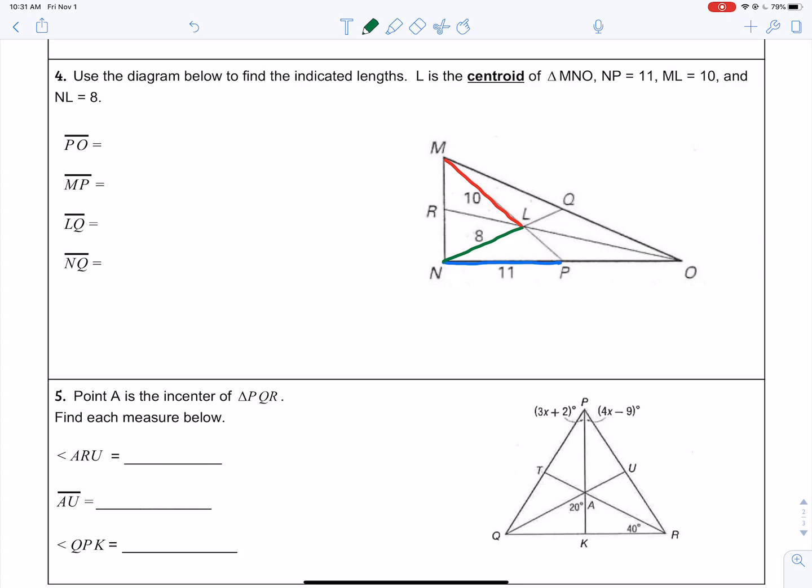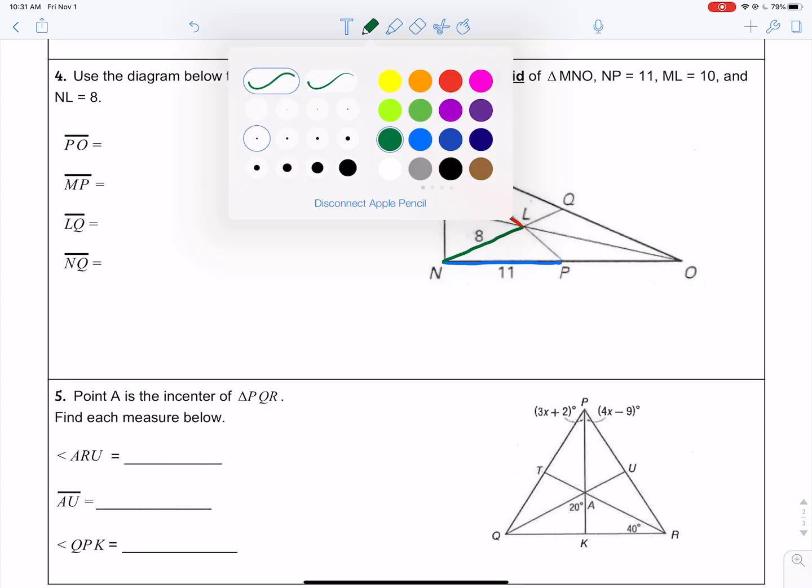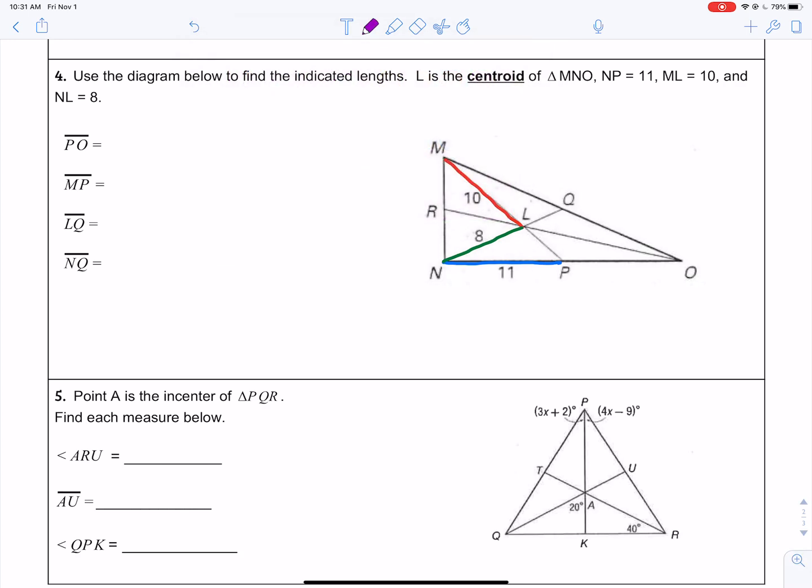They want us to find PO, so if we look at our rules for centroid, we know that these P, Q, and R, these points on each side, are the midpoints. So P, Q, and R are midpoints, which means 11 would be NP, and it's also equal to PO. So PO is just equal to 11.